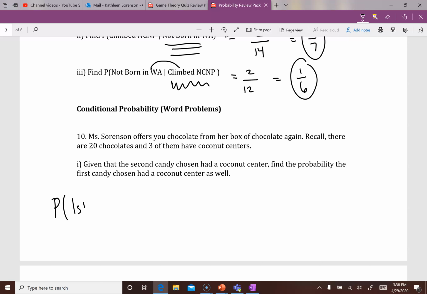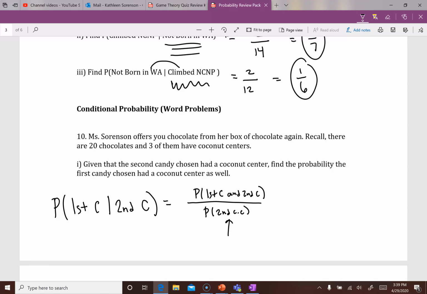It's going to be probability of the first being coconut given that the second was coconut. And that's going to be equal to the probability of both the first and the second, so the first coconut and second coconut, divided by the probability of the second coconut.